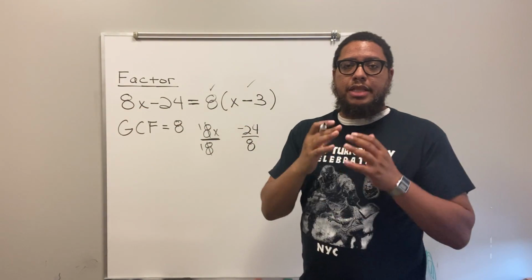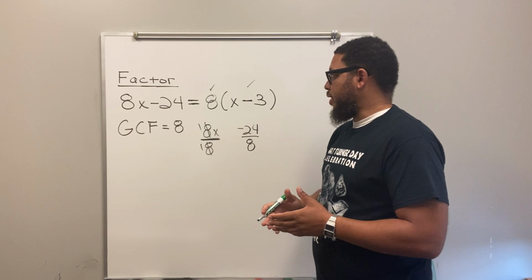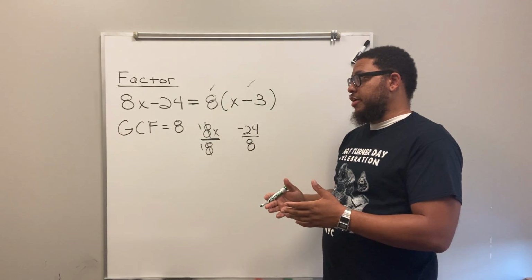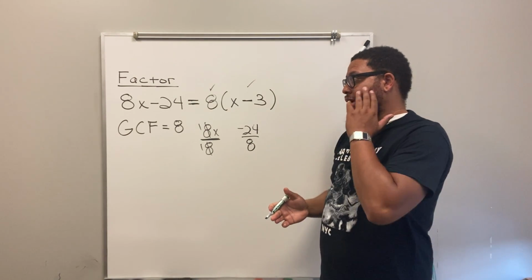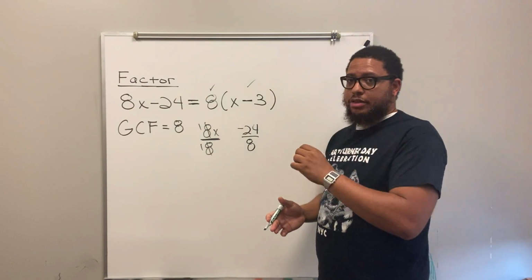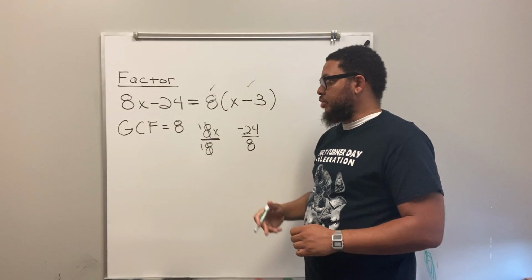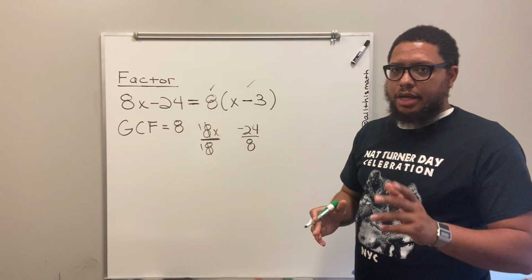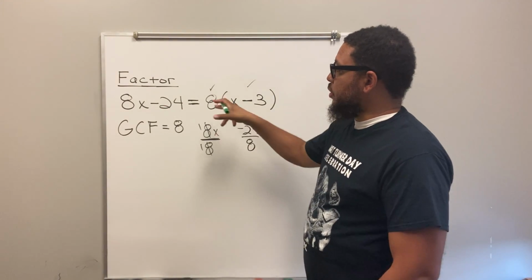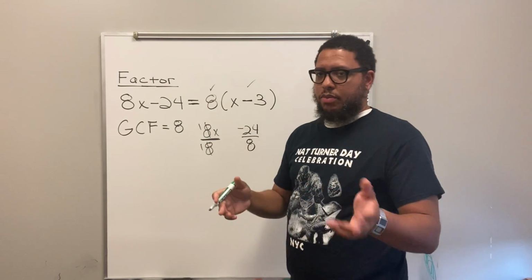And if it is, that's how I know that my answer is right. As long as I got the proper GCF, because I could have a common factor that's not the greatest common factor and it would still equal out back to the original, but you'll see that in other situations. But for now, because we know we have the GCF, we don't have to worry about what I just said.